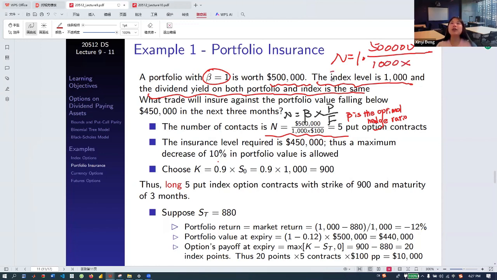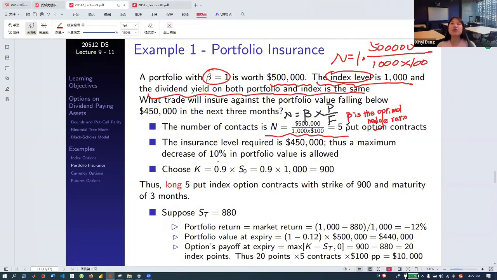We know that the index level is 1,000, so that's 1,000 points. But each point has a dollar value, and that dollar value is 100. So every point is worth $100. Therefore, the value of a single contract would be 1,000 points times $100 per point. That's how you get this formula here. And if you do the calculation, that's going to be equal to 5.